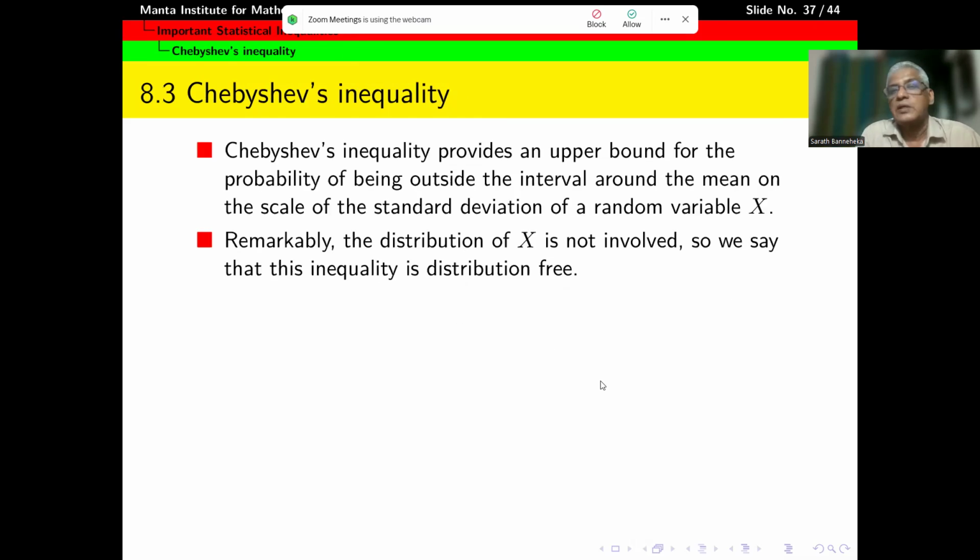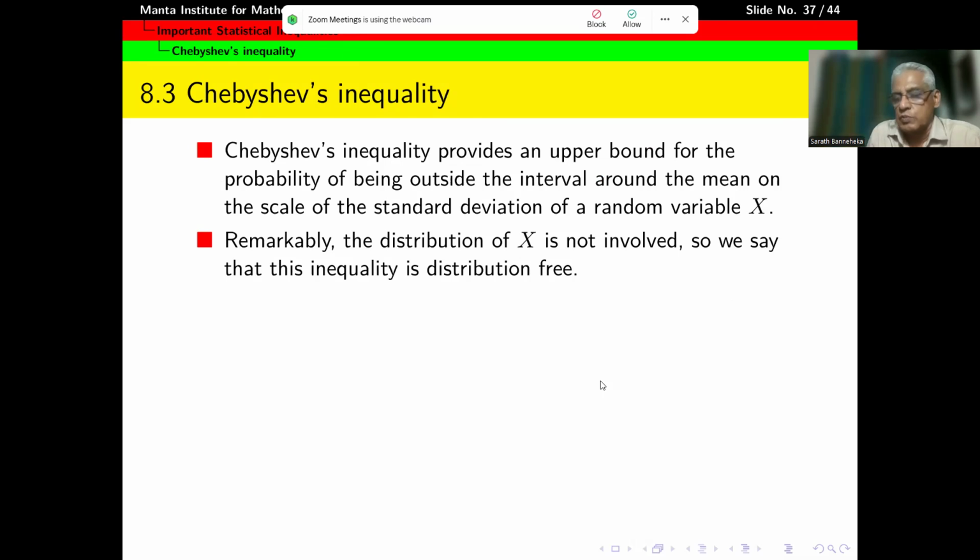Next, we will look at another important inequality called Chebyshev's inequality. The previous two inequalities were about expected value. Jensen's inequality was about the expected value of a single random variable.